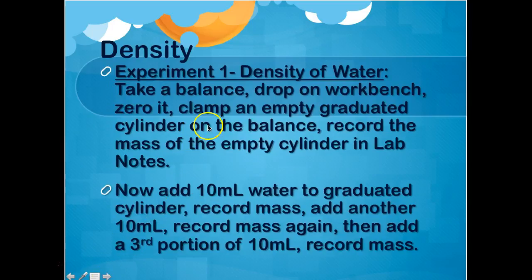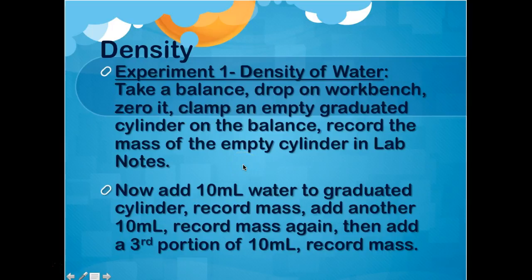So in the first experiment, you're going to take a balance, put it on your workbench, place the empty graduated cylinder on it, and record the mass of that empty cylinder in your lab notes. If you're getting a number such as 54 grams, you are doing it correctly.